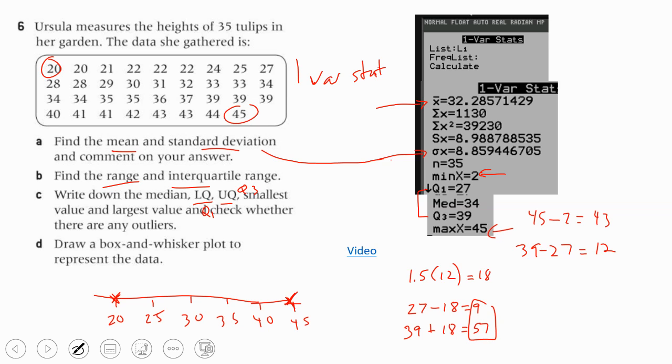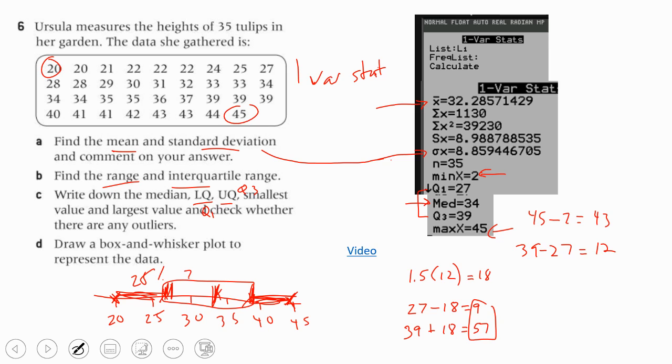Make a point at the median. Make a point at the lower quartile, upper quartile. The box goes around the quartiles, and you extend the whisker to the end.